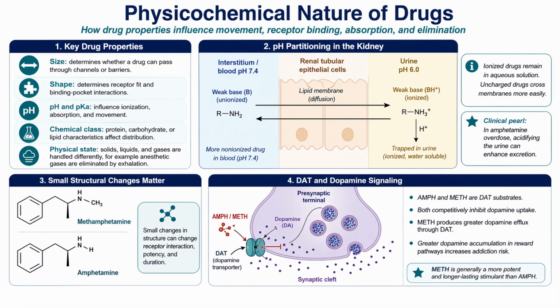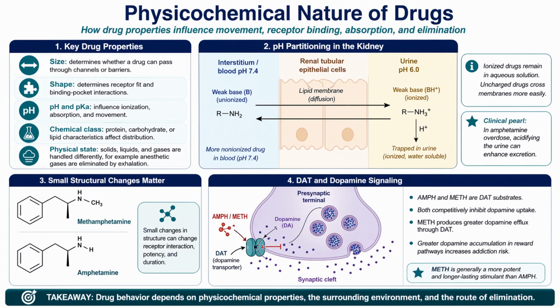So when we give a methamphetamine drug that increases dopamine staying in the system, it creates a more potent effect. The takeaway here is that drug behavior depends on the drug's physicochemical properties. It also depends on the environment around the drug, and on the route of elimination.